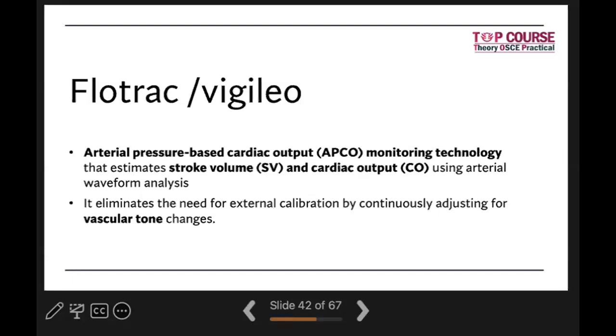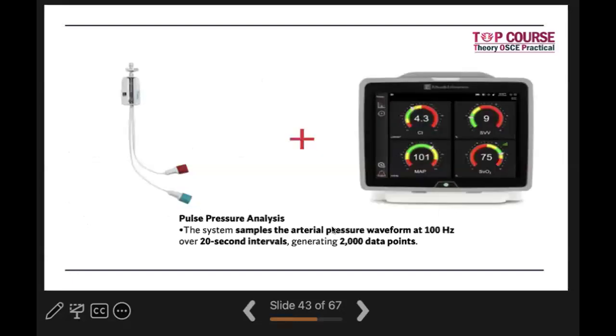The system samples the arterial pressure waveform at 100 Hertz over 20-second intervals, generating 2000 data points, and that is reflected in the Vigileo monitor as various cardiac output values.